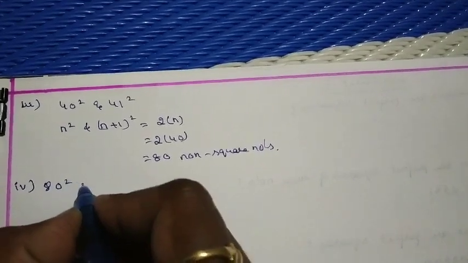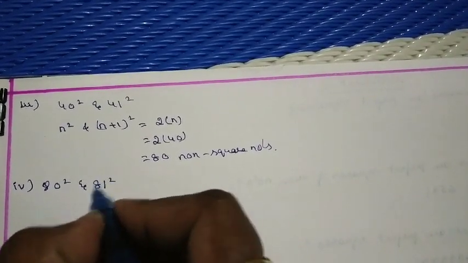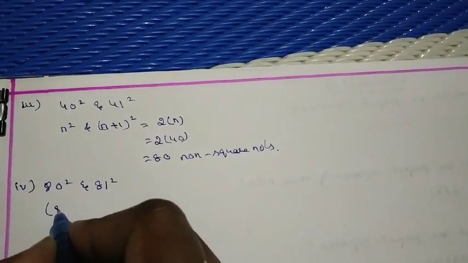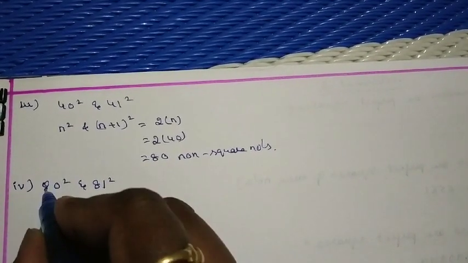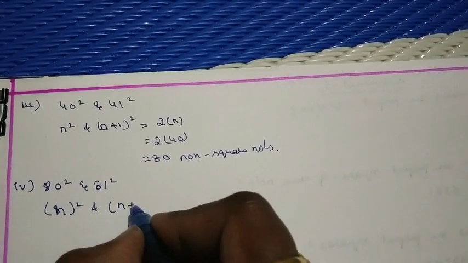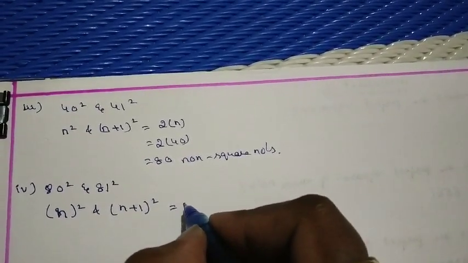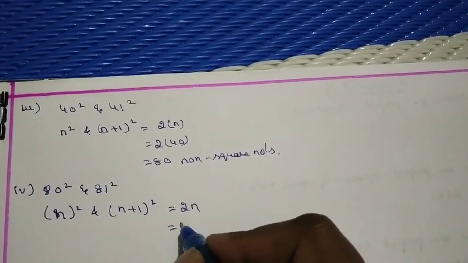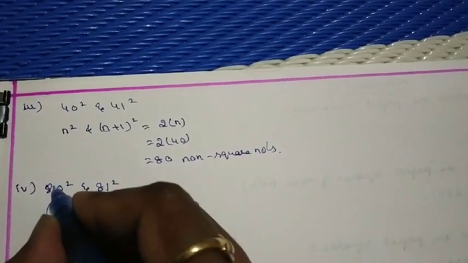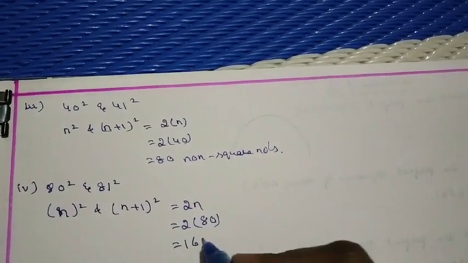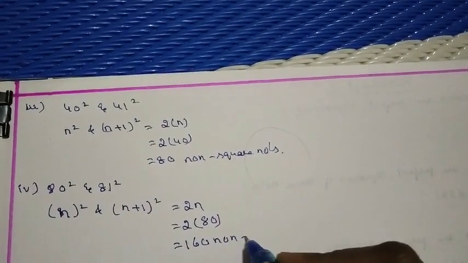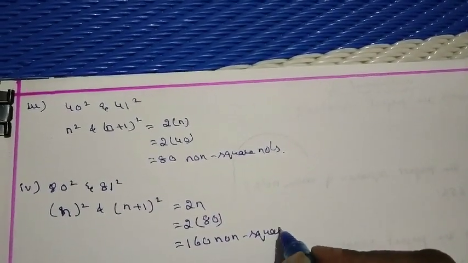Then the fourth question, 80 square and 81 square. So 80 is n and 81 is 80 plus 1, that is n plus 1. Between n square and n plus 1 whole square there are 2n, that is 2 into the smaller number n, which is 80. So 2 into 80, 160 non-square numbers.